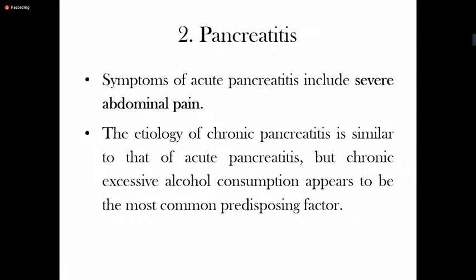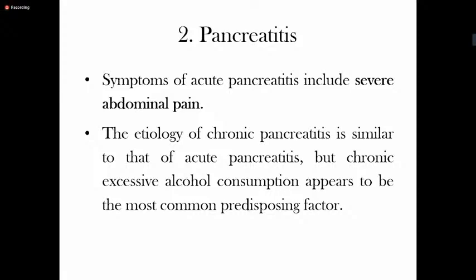Now, how does acute pancreatitis present? Acute pancreatitis has no specific presentation. Any severe acute abdomen, we must rule out pancreatitis. The etiology of chronic pancreatitis is similar to that of acute pancreatitis, but chronic excessive alcohol consumption appears to be the most common predisposing factor to chronic pancreatitis.